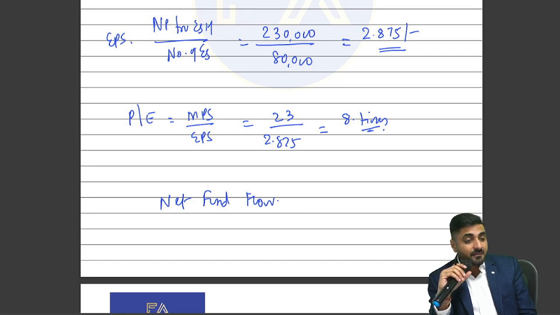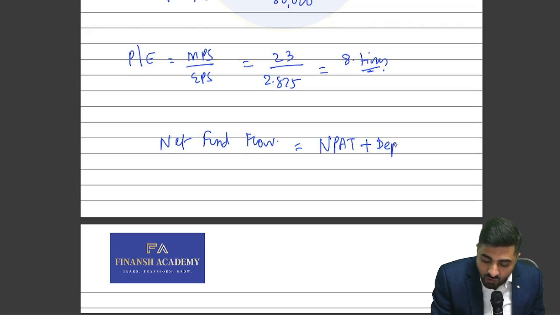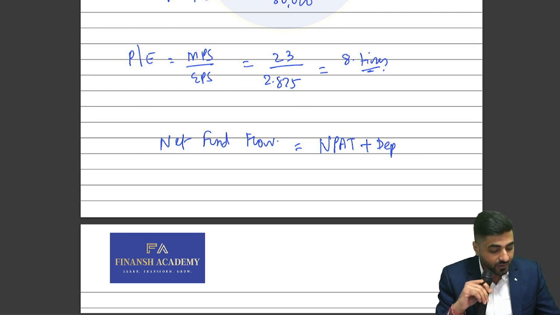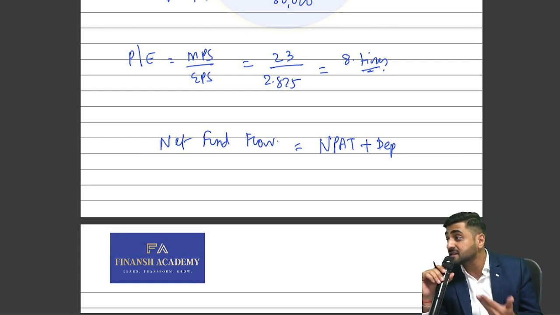One last time, please tell me, is depreciation a cash expense? Have you paid depreciation? You have not paid it. Then can I say that for net fund flow, you have to take your NPAT and add the amount of your depreciation? Because NPAT plus depreciation is actually the total money coming into the business? Come on, yes or no?